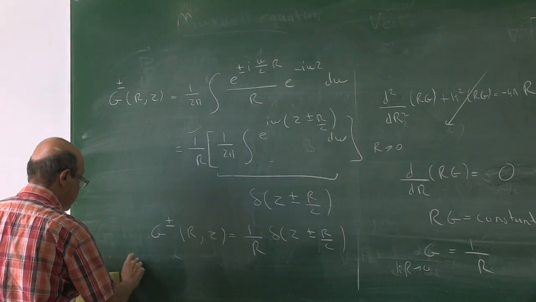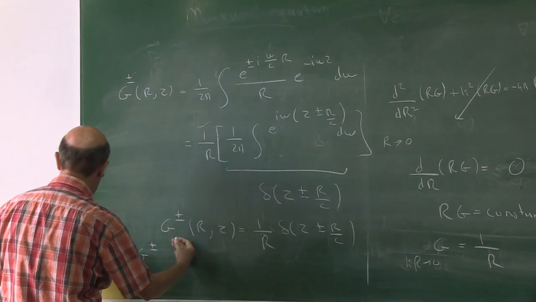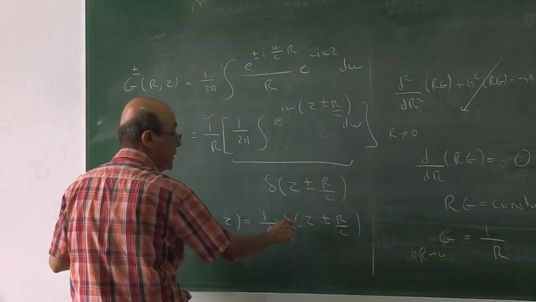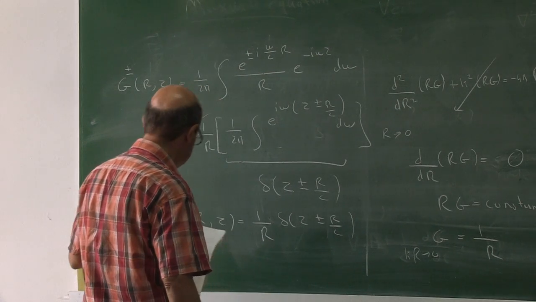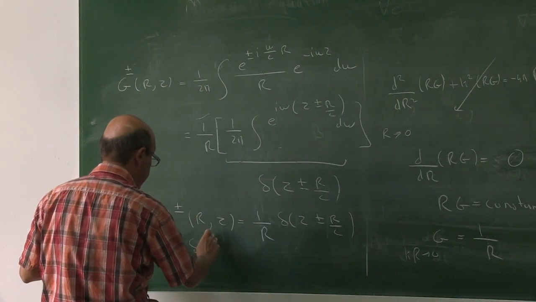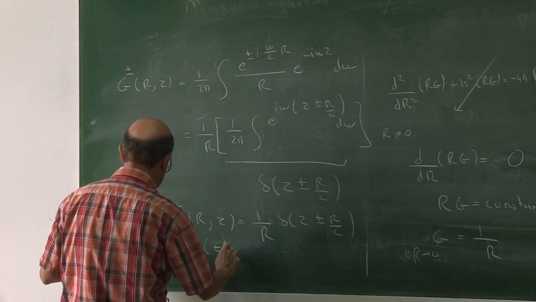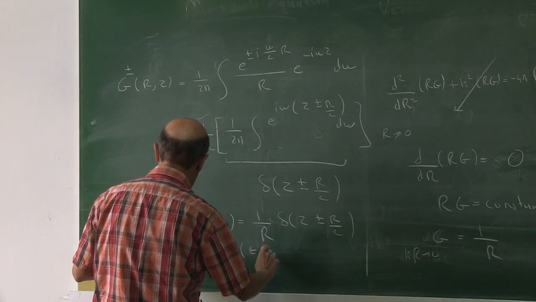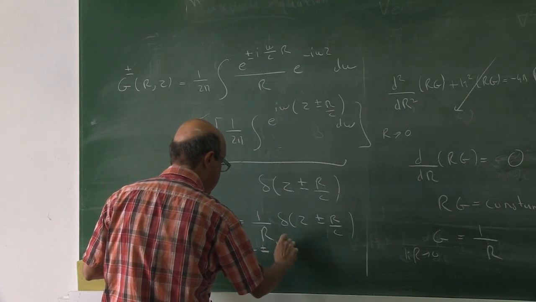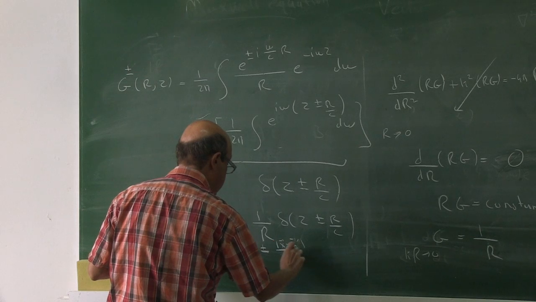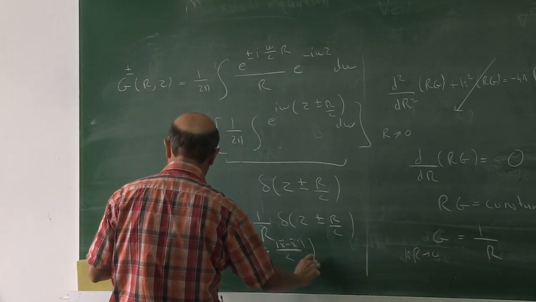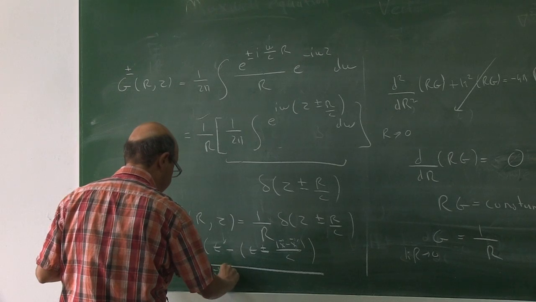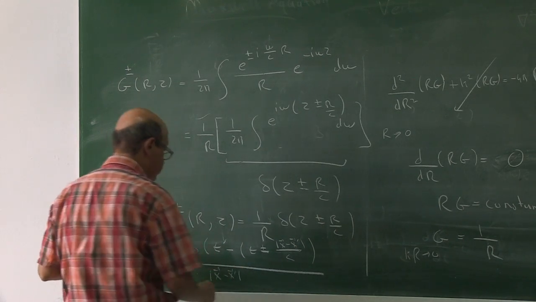So the Green's function will have delta. If you write instead of tau, t minus t prime, you will obtain delta of t prime minus t plus minus, instead of r, you can write x minus x prime over c, divided by x minus x prime.